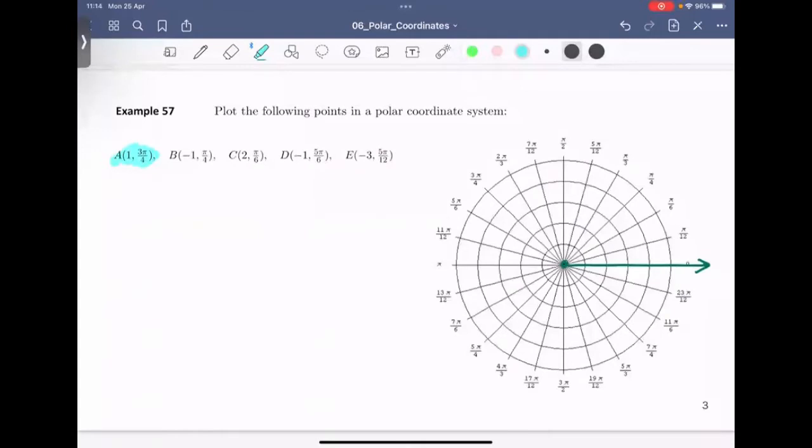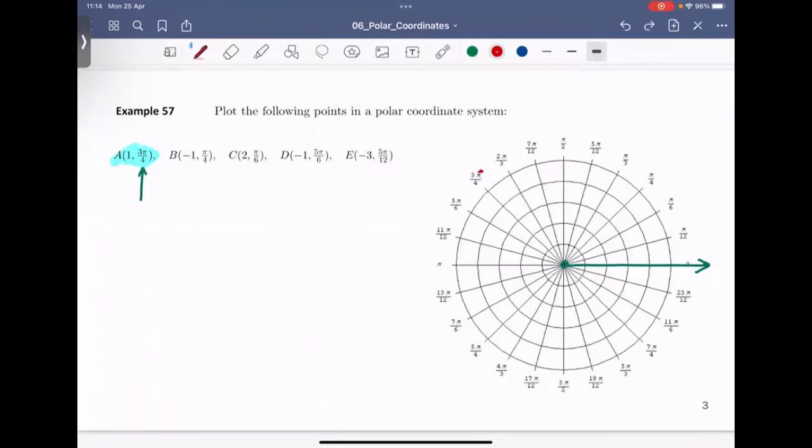I want to plot 1 and 3 pi over 4, which means when I plot it, I have to look at the picture. Where is my 3 pi over 4 first, and then I go 1 step forward on the line 3 pi over 4. You can see that this is 3 pi over 4.